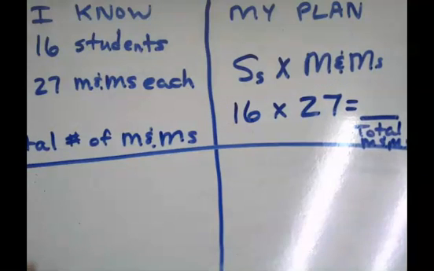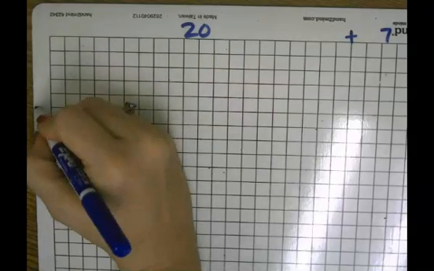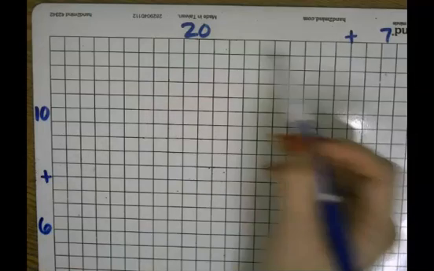Okay, I'm going to show you guys a way to see this visually with the area model. So if you have some grid paper, or even if you don't, you can draw a rectangle on your paper. And what we're going to do is multiply the 16 by the 27 M&Ms.